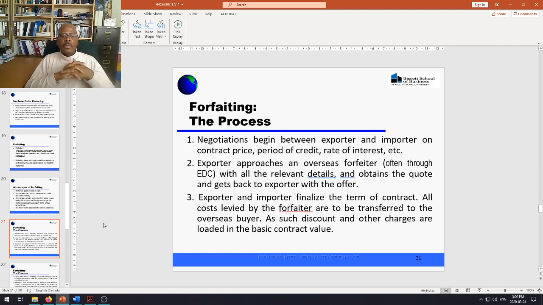The exporter then approaches an overseas forfeiter, and they do this usually through, again, an export credit agency like Export Development Canada. They take all the relevant details of the transaction, and they get a quote on this forfeiting, and they go back to the importer with the quote and with the offer.